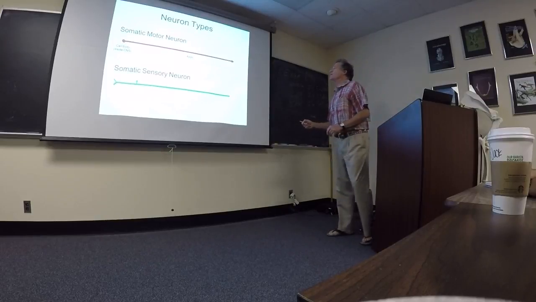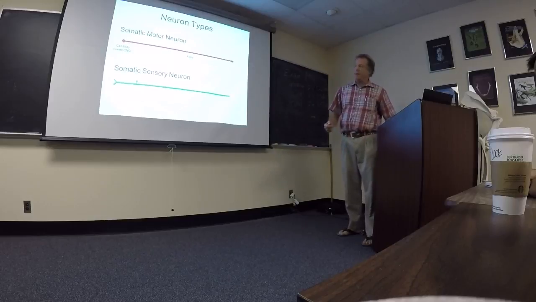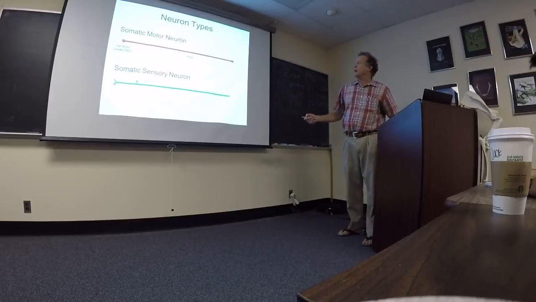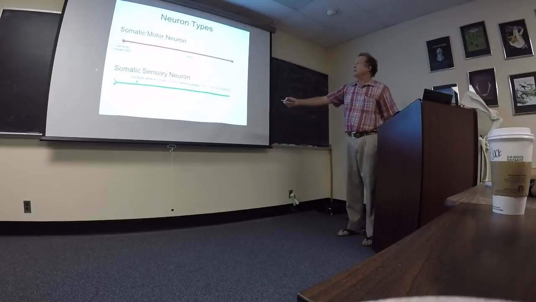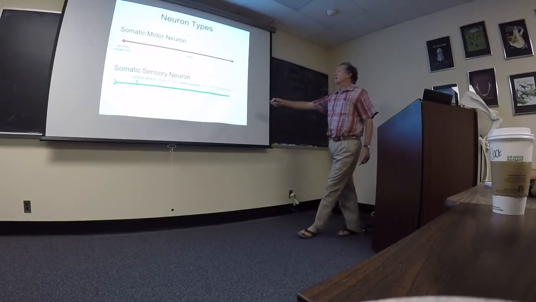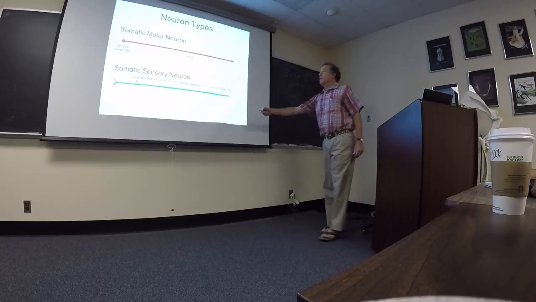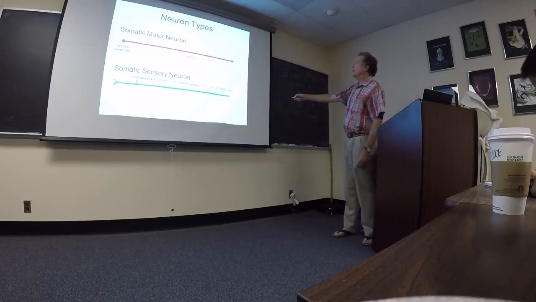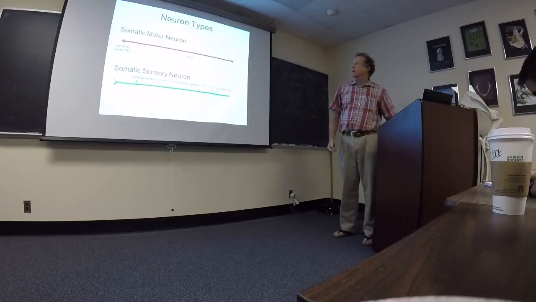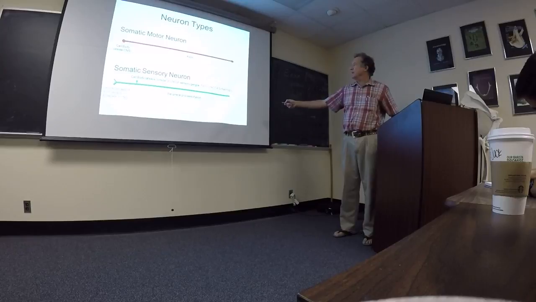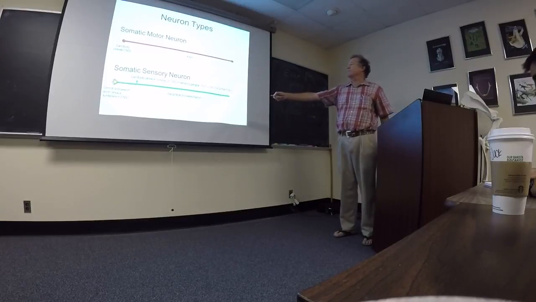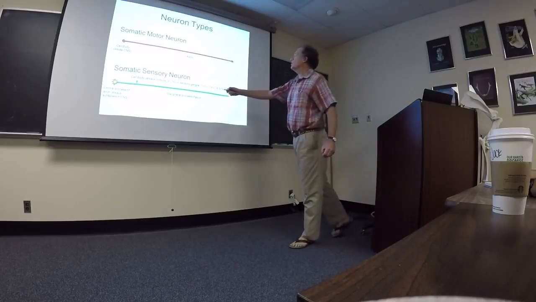Somatic sensory neurons, again, have a cell body that is not in the central nervous system, but is sitting out there in the dorsal root ganglion. It has a single axon that picks up some sensory information out here in the body and travels all the way back, where it synapses in the central nervous system and says, help, help, you've cut your finger.